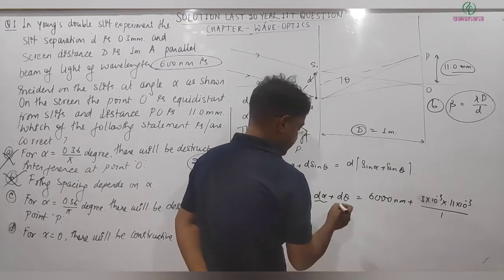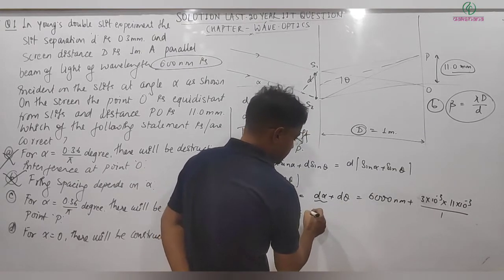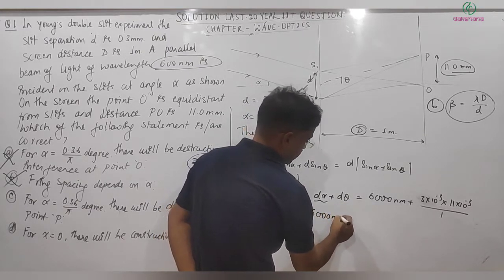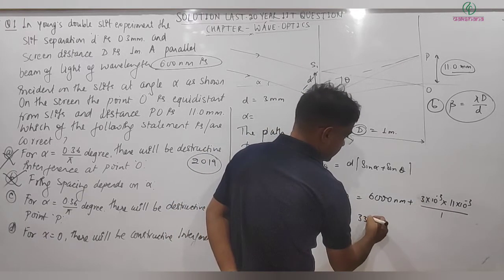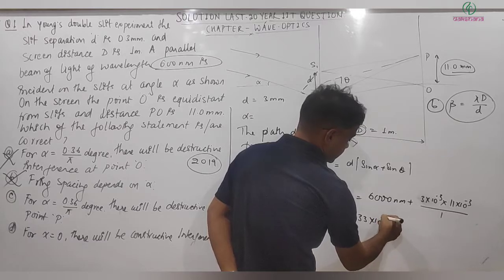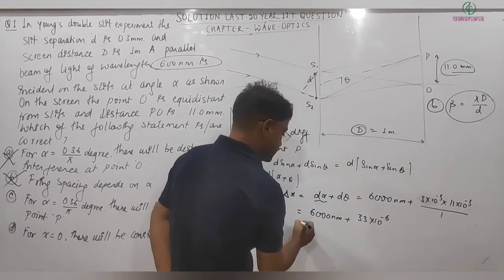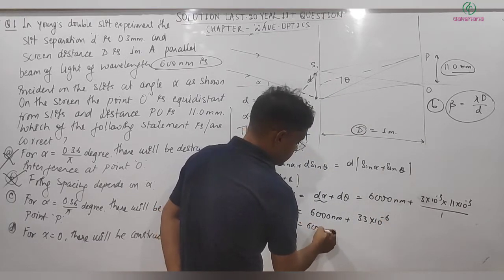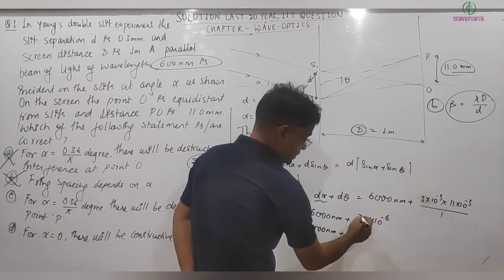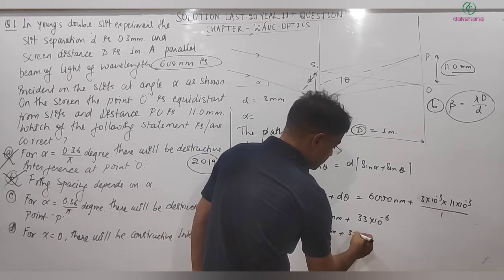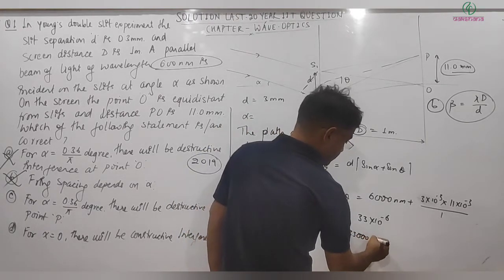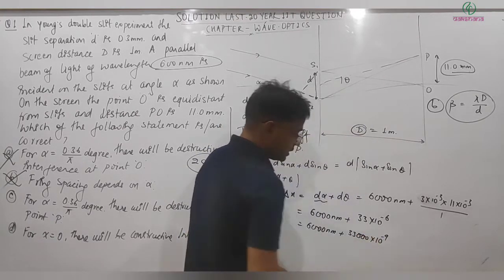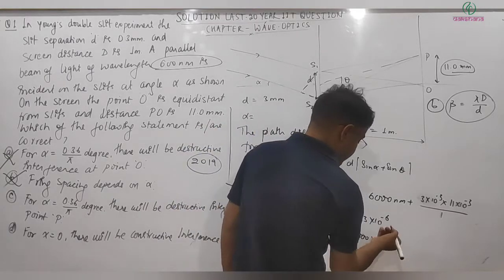So then rearranging it, it comes out to be how much? This is equal to 6000 nanometer plus 33 into 10 raised to power minus 6, and this is equal to 6000 nanometer plus 33,000, if I write it into 10 raised to power minus 9, then that will also be nanometer.